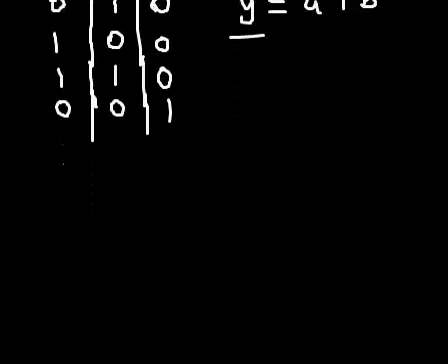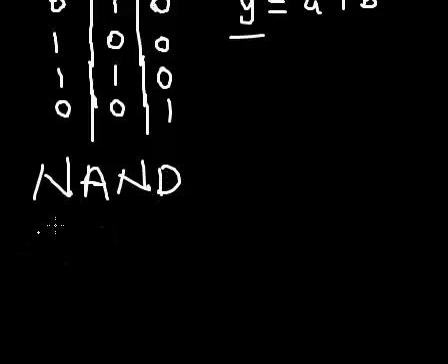All right. So now we'll look at another one, which of course is the NAND gate. The NAND gate is a combination of a NOT gate and of course an AND gate.